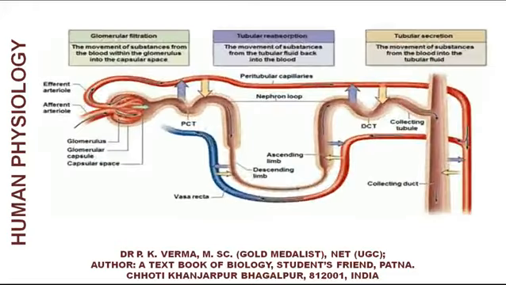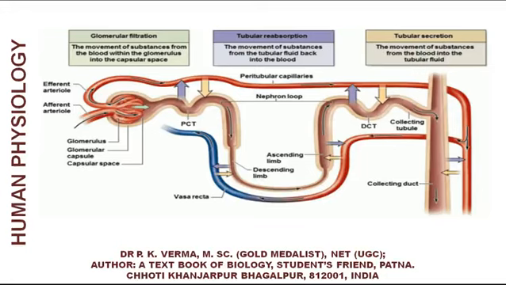In this diagram, it has been shown that glomerular filtration takes place in the glomerulus and Bowman's capsule. After that, in the entire length of renal tubule, that is from proximal convoluted tubule to the collecting duct, there is tubular reabsorption.